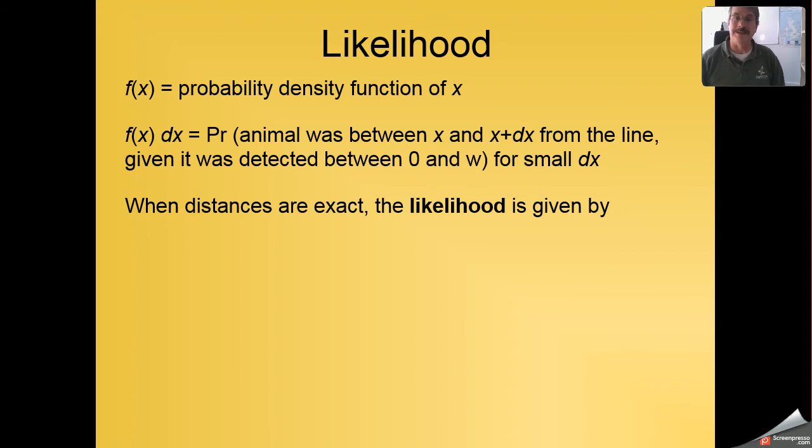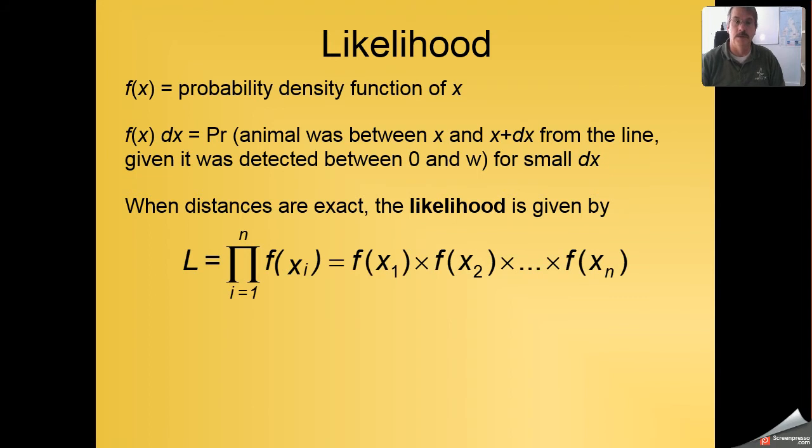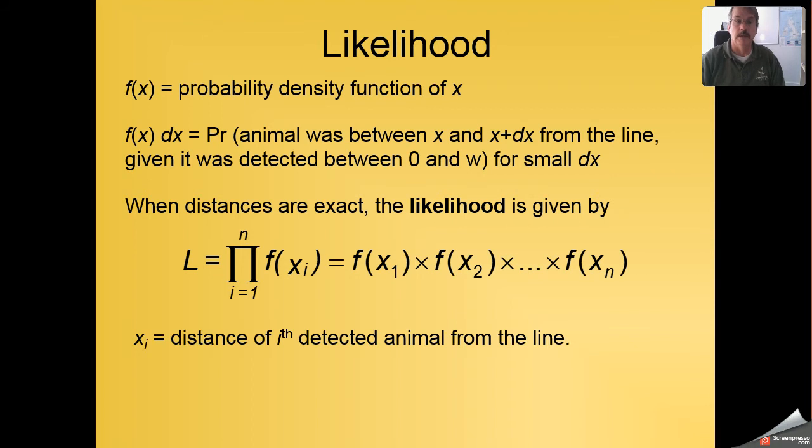When we record exact perpendicular distances in the field, then this is the likelihood that arises from those data, where these little x's are the data that we collect, the perpendicular distances from the transect line.